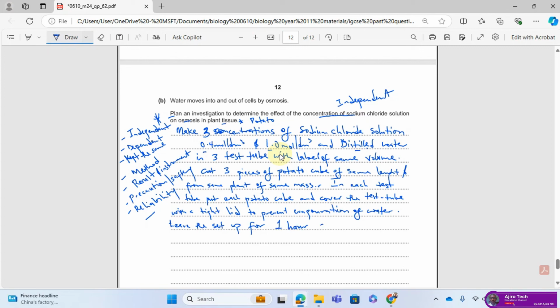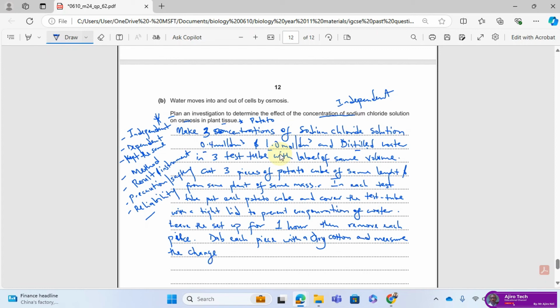Then remove each piece, dab each piece with a dry cotton, or a napkin, and measure the change.